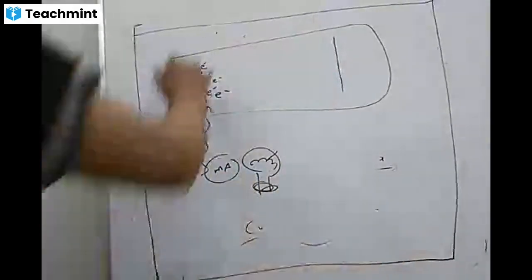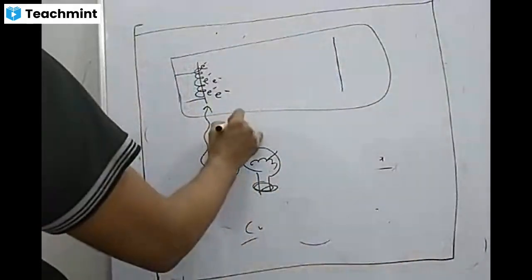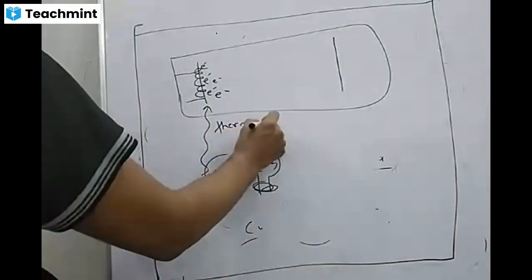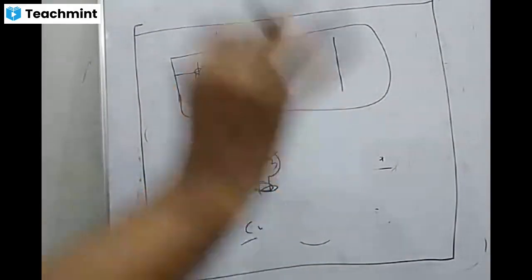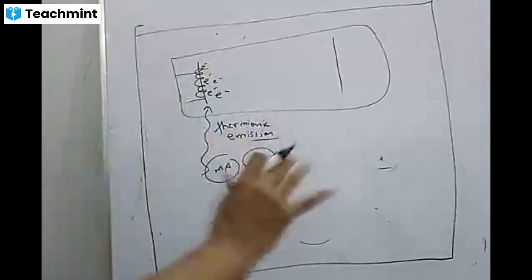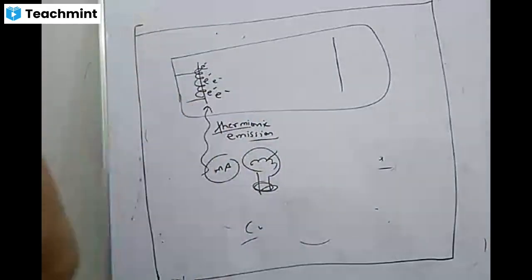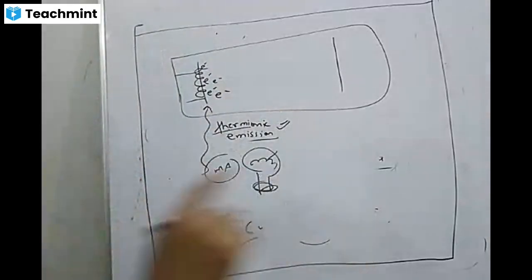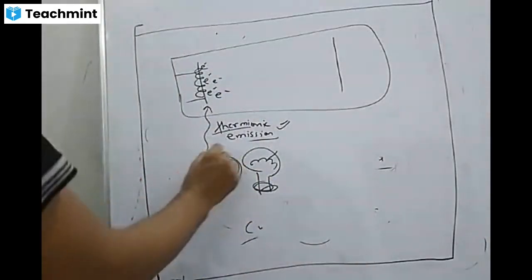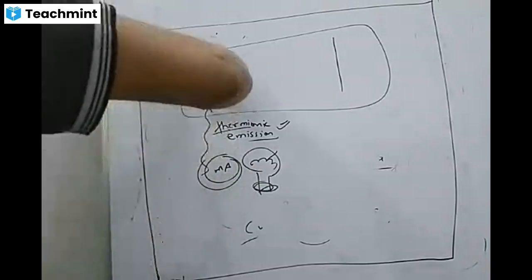So at the cathode, what process is taking place? Thermionic emission. It means electrons are generated because of the thermionic heating effect. So we applied mA, and electrons come out and form a cloud.